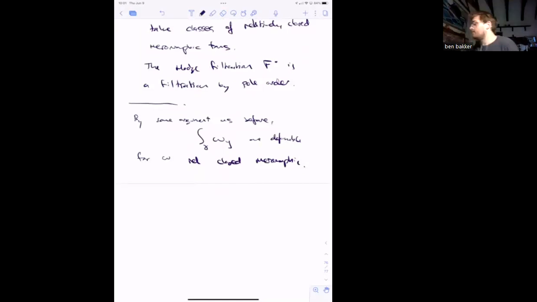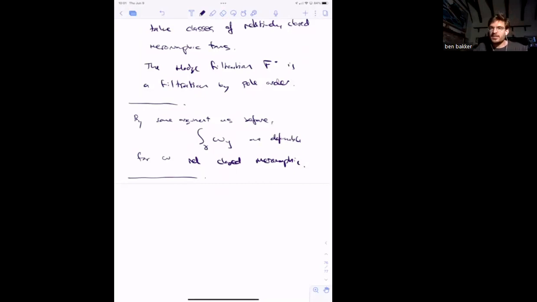The topic I want to spend the last few minutes discussing is that of the transcendence properties of these functions. We have all of these multi-valued holomorphic functions on the algebraic variety which is the base of this variation of Hodge structures. You can view them as solutions to Picard-Fuchs equations, as we've said.